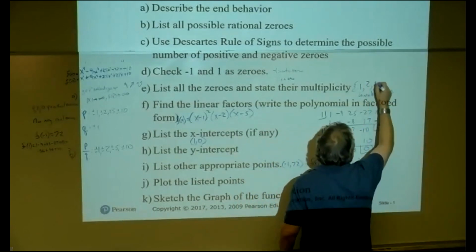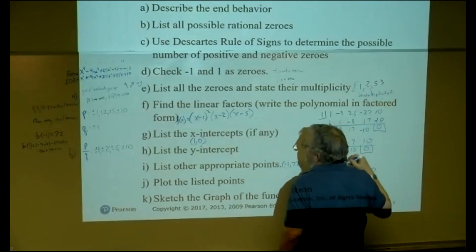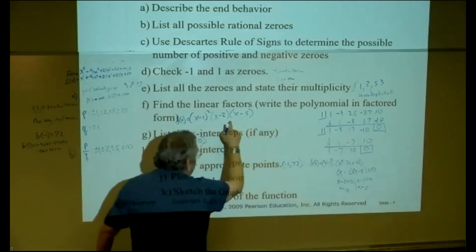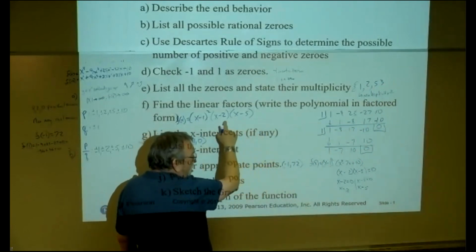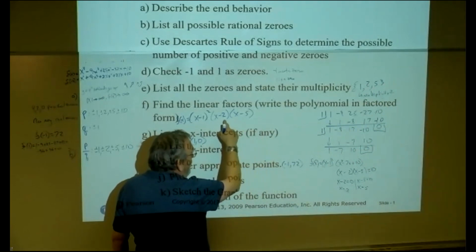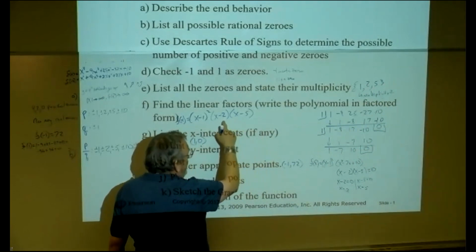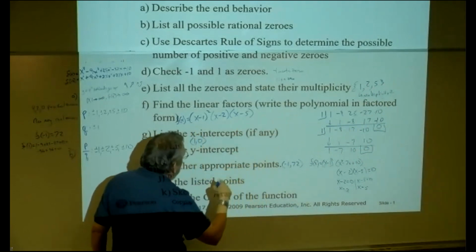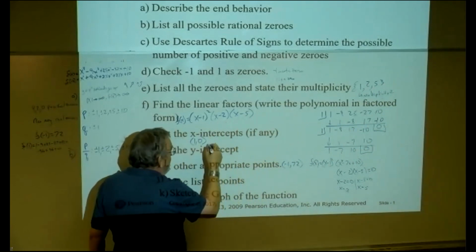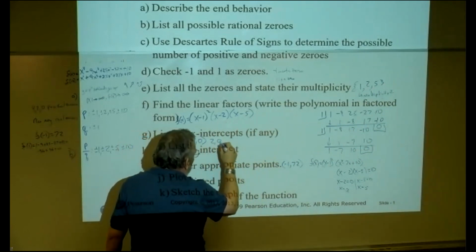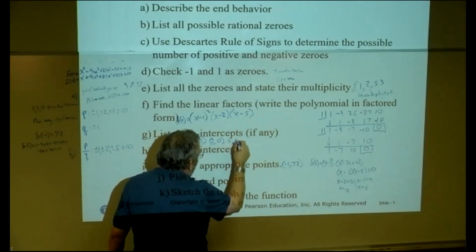So 2 and 5 are zeros. Well, we knew that from here. If x minus r is a factor, then r is a zero, and r is an x-intercept: (2, 0) and (5, 0).